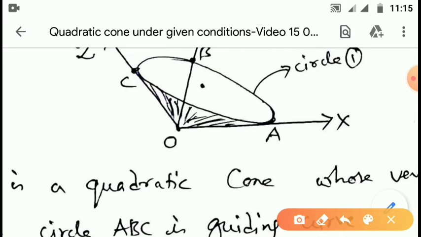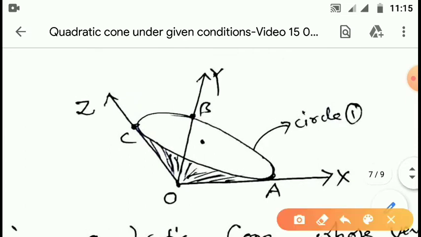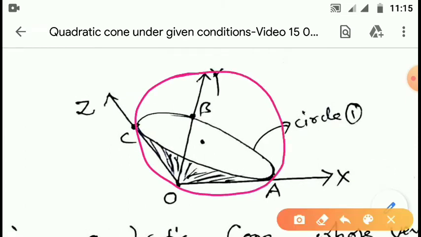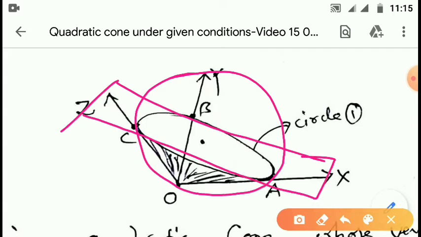we can draw a sphere OABC like this, and this is the plane ABC. Plane ABC meets the sphere OABC in the circle ABC. Take a point on the circle ABC and join this line.